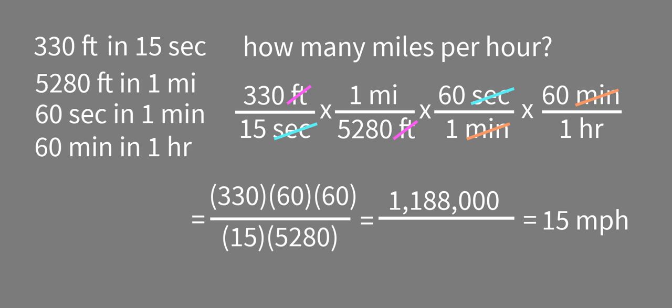So we'll go ahead and do that. That equals 79,200. Now the zeros we can cancel right off the bat. And that leaves us with 11,880 divided by 792.